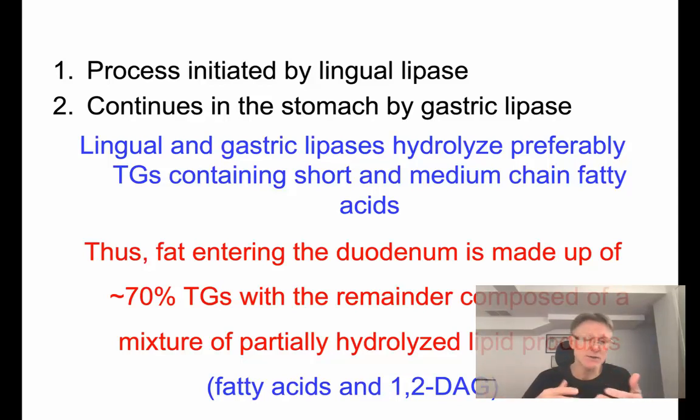And remember, triglycerides are 3 fatty acids with one backbone of glycerol. You need to separate those, because you can't absorb that huge molecule. You need to separate fatty acids from glycerol, and then you can absorb them separately. Later on, you can put them together again and make another triglyceride molecule. But you need to be able to separate them first, make them into smaller molecules so they can be absorbed by the gut.